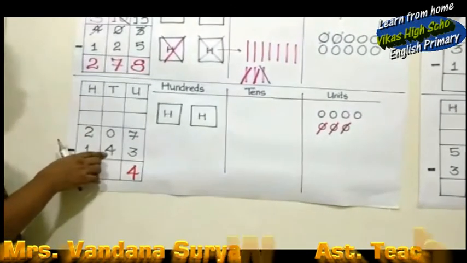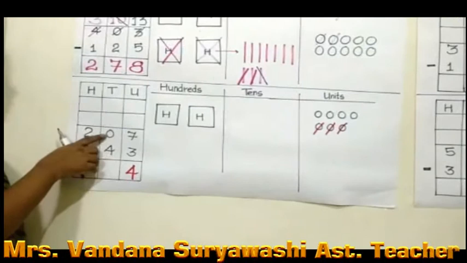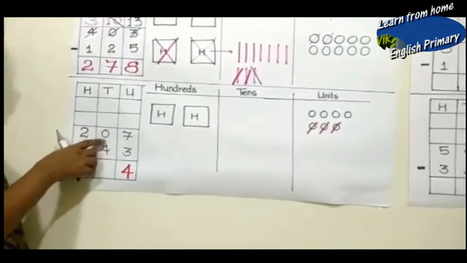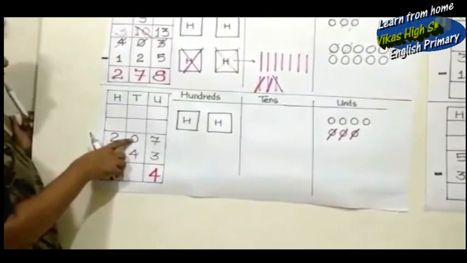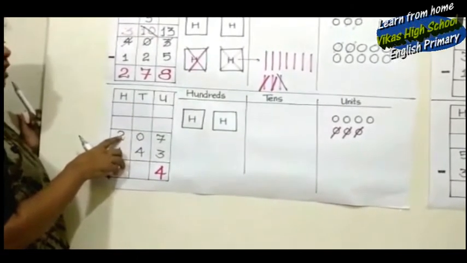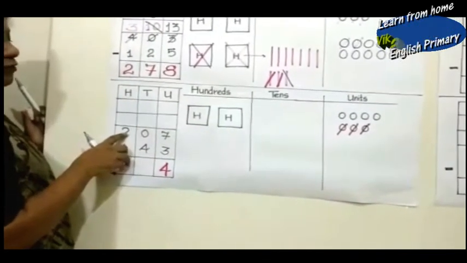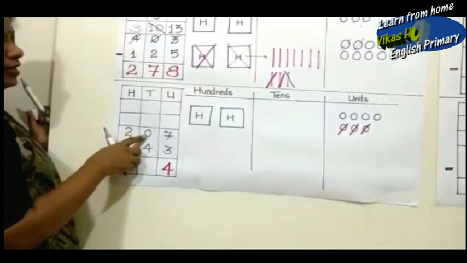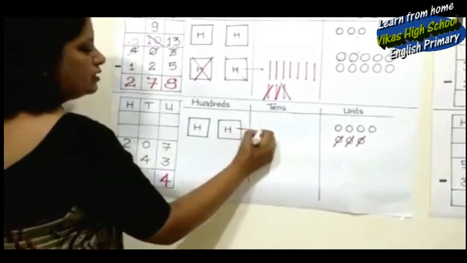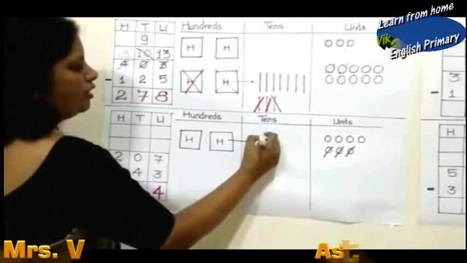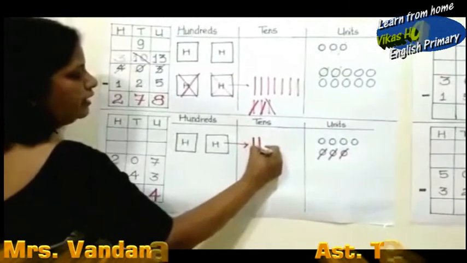Now, when we move on to the tens column, the digits are 0 and 4. 0 minus 4, is it possible? No. Again, 0 means nothing. So we will borrow from the hundreds column. When we borrow 100, it is 10 tens. So when we borrow from this 200, over here in the tens column, it is 10 tens.